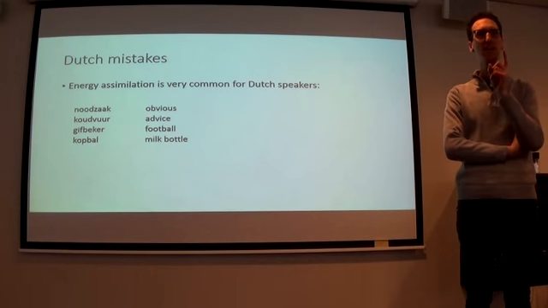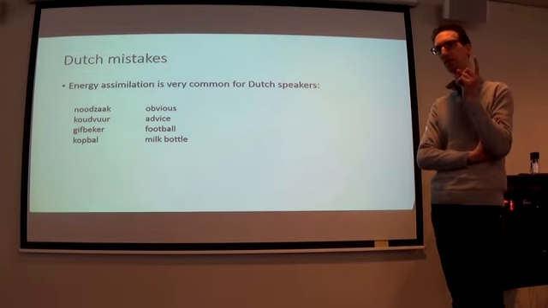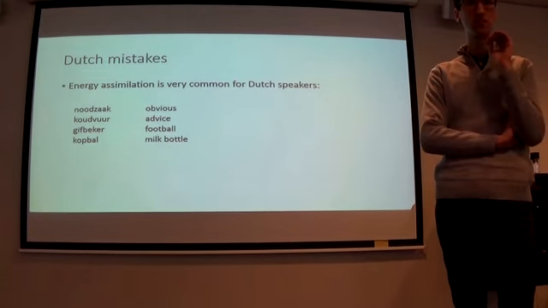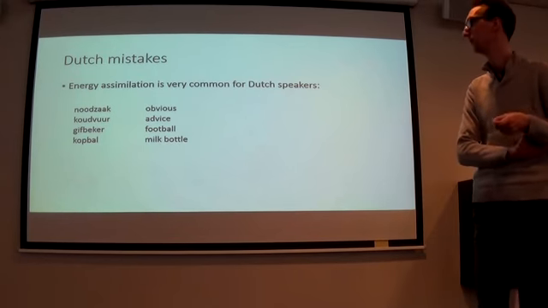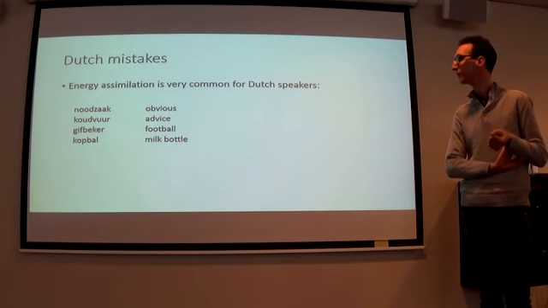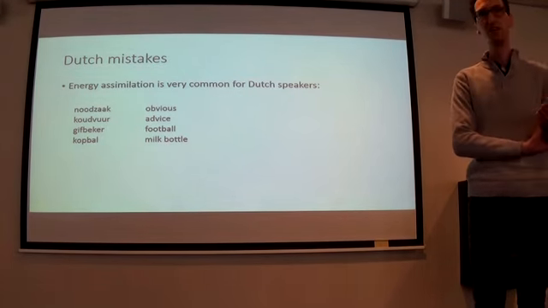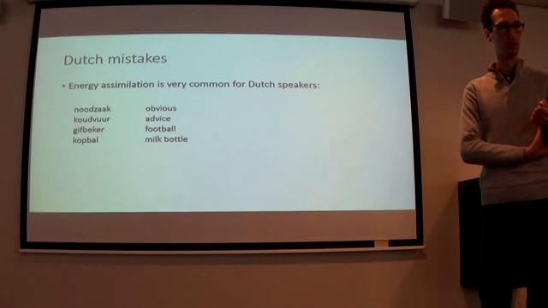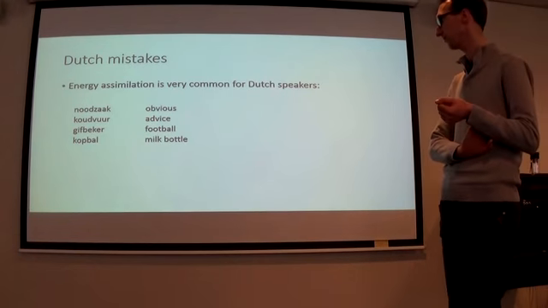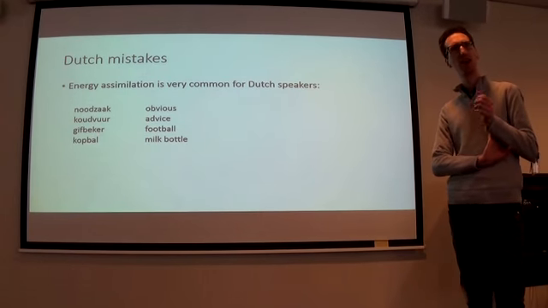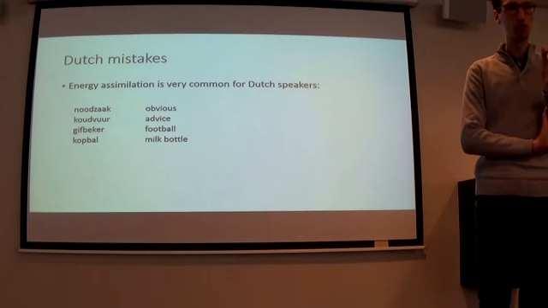It's one of the main pronunciation mistakes for Dutch speakers, to devoice, so make them voiceless sounds at the end of a word. Koudvuur: I change the D to a T. An English person would say koudevuur. Also, because I devoice the D, I say noot.